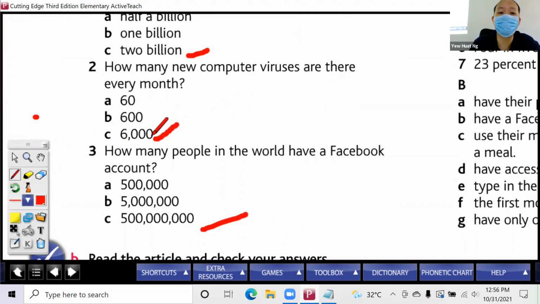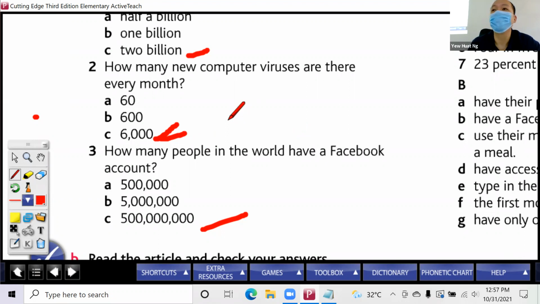Do you know why there are 6,000 new computer viruses every month? It's very interesting. Because in universities, making a virus is a project. If you do computer science, from what I heard, your end of term assignment is you need to create a virus.